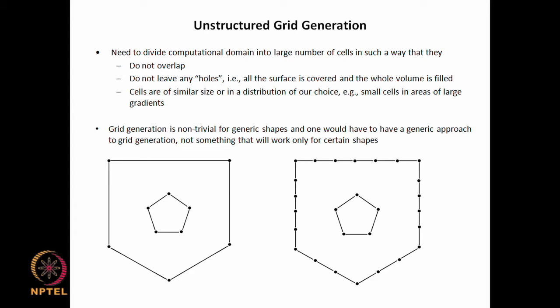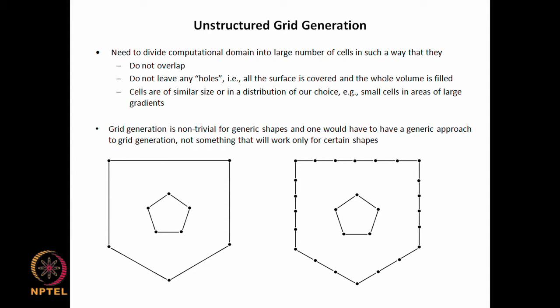So you would like to reduce the delta x there so as to reduce the overall truncation error. So we would like to have good spacing, good cells. At the same time, when we are looking at large gradients, we would like to resolve the flow better, so we would like to have only small cells in those regions. So all these factors must be considered when we generate a grid.